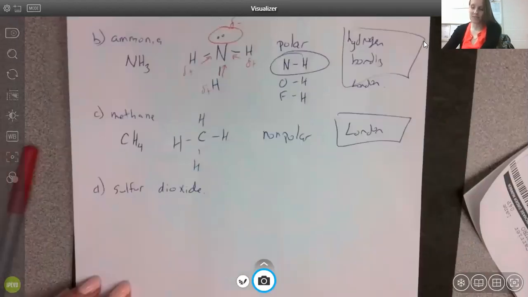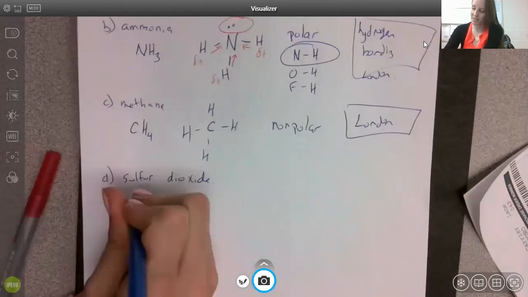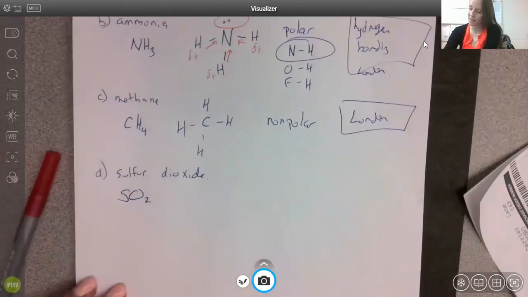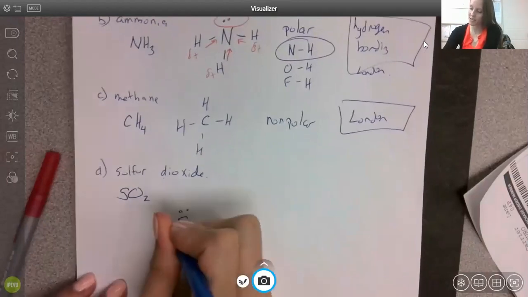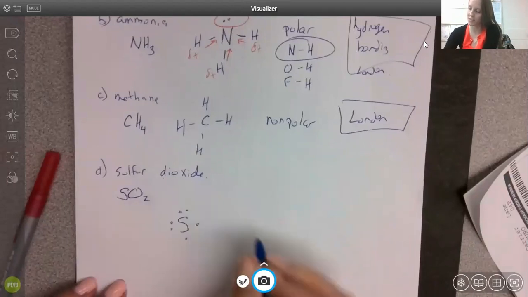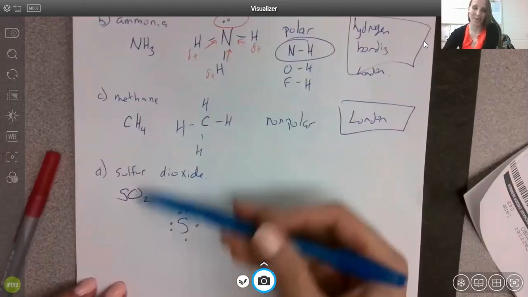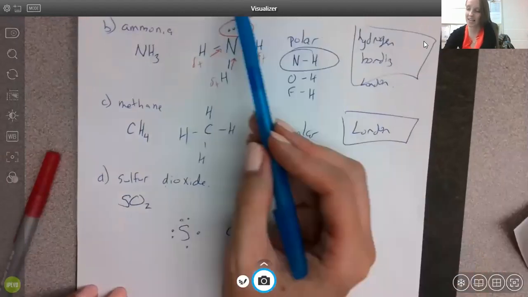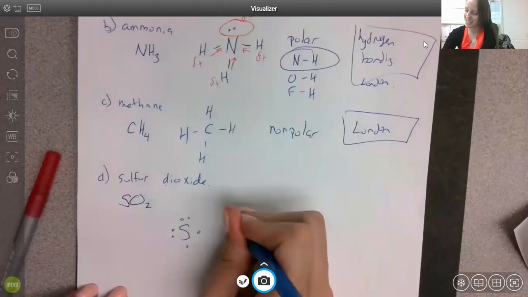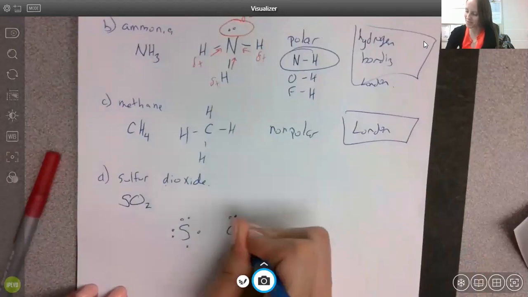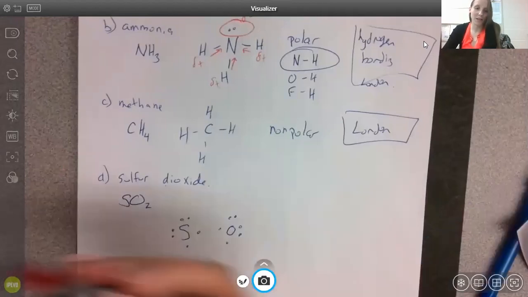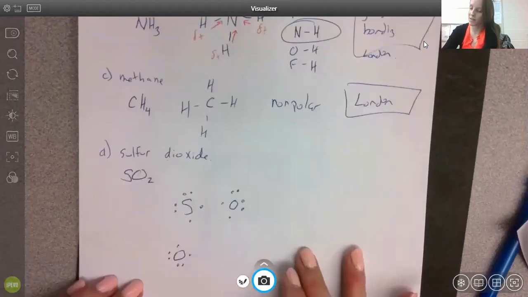Okay, last up we have sulfur dioxide. So SO2, because di means two. Draw this one out, and this one is a little bit trickier, so I'm going to show you how to actually sausage this one. The reason I didn't bother sausaging the other ones was because H's only have one bonding site, so does I. But here we're dealing with things with more than one bonding site, so I'll draw it out for you. So my sulfur goes in the middle because I only have one of it and I have two oxygens.